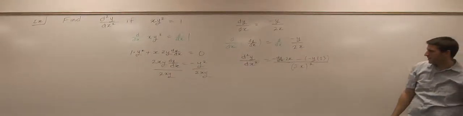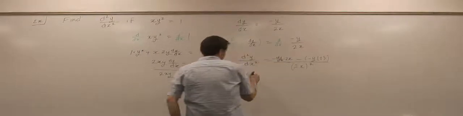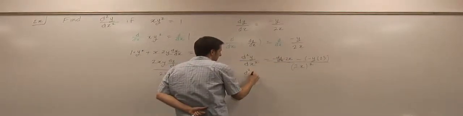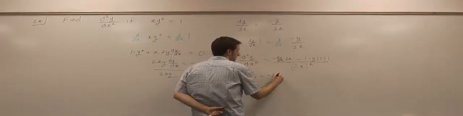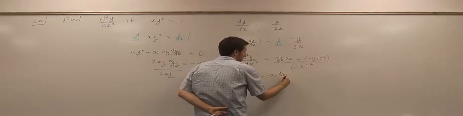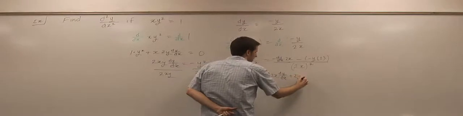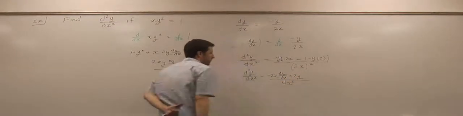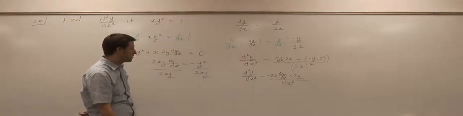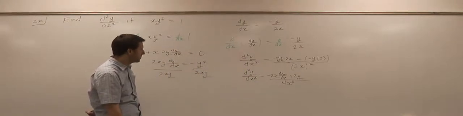Let me clean it up a little bit. So d squared y/dx squared, the second derivative, equals negative 2x dy/dx plus 2y over 4x squared. And then what should we do to make this look a little prettier?